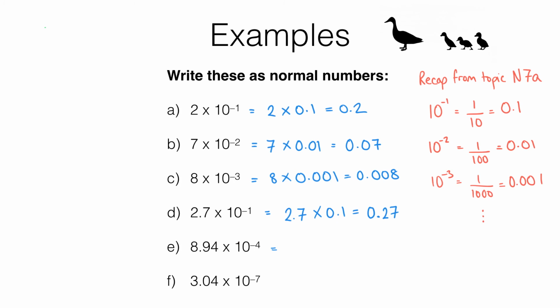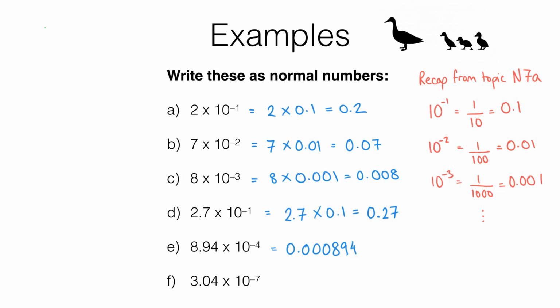So we're actually going to end up with 0.0008, and it's not just the 8 that moves, all of the other digits have to get shifted as well. So that's 9, 4. So 8.94 times 10 to the power of -4 is 0.000894. We have just moved each of these digits 4 place value columns to the right.